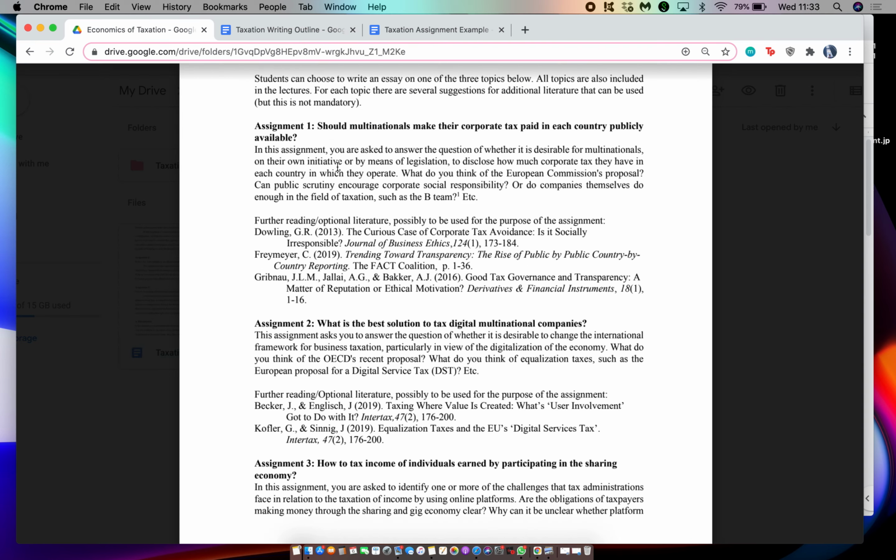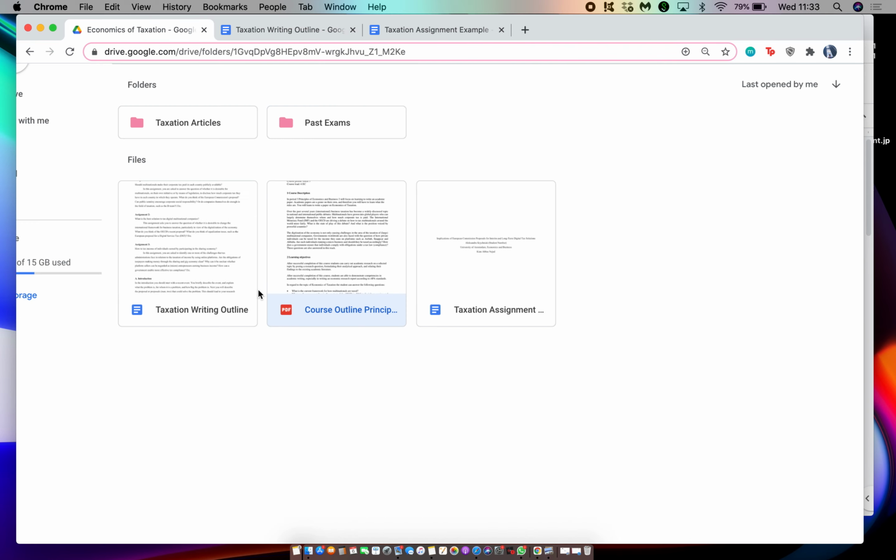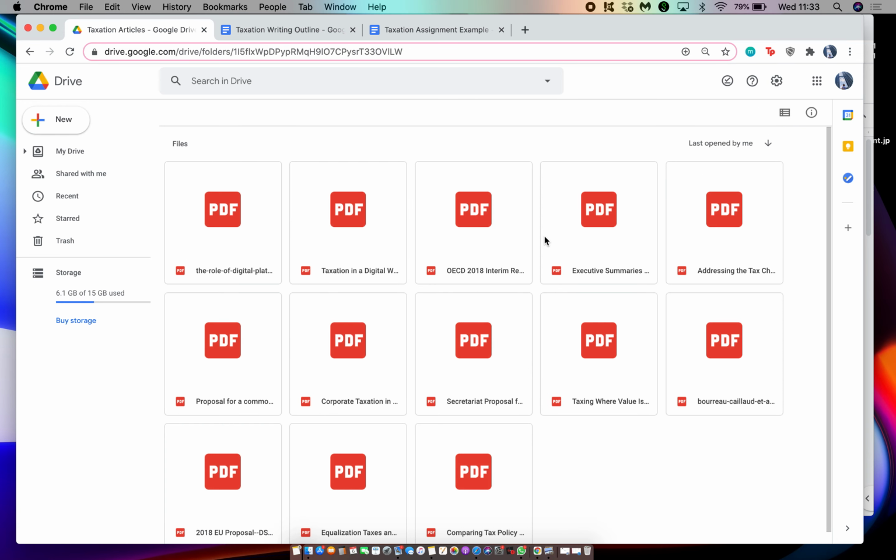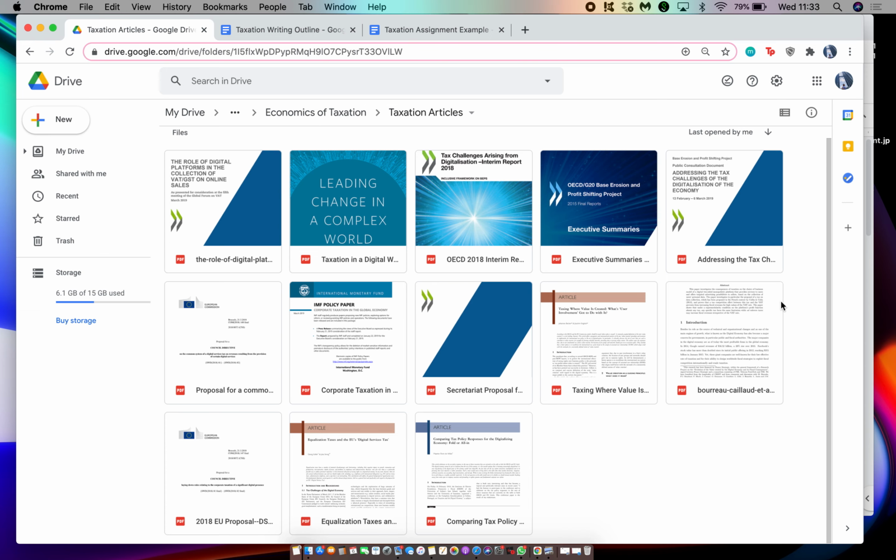So for example, let me go back here. I have my taxation articles. These were all the articles that we had assigned last year for reading, and I basically uploaded them all to my Google Drive.